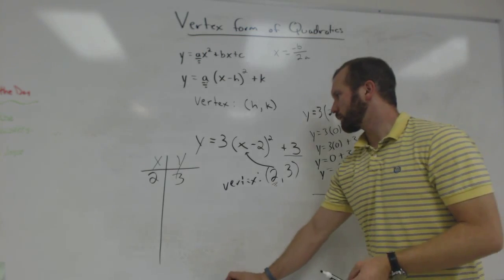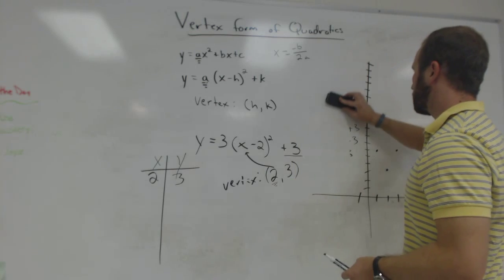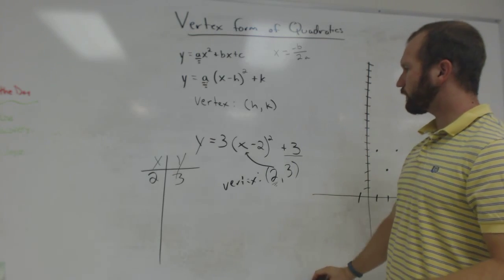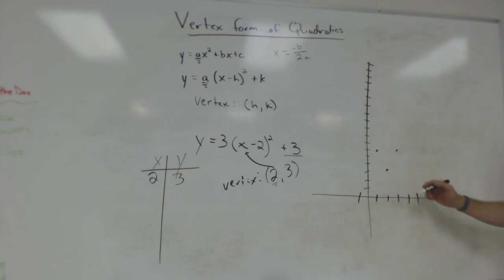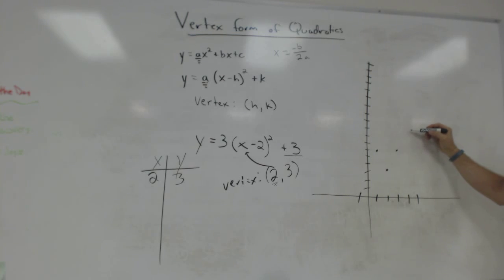Okay. So let's just use our shortcut. So we found that our vertex is 2, 3. We went over 1, up 3. If I go over 2, how many do I have to go up? 2, up 12. So 1, 2, 3, 4, 5, 6, 7, 8, 9, 10, 11, 12.